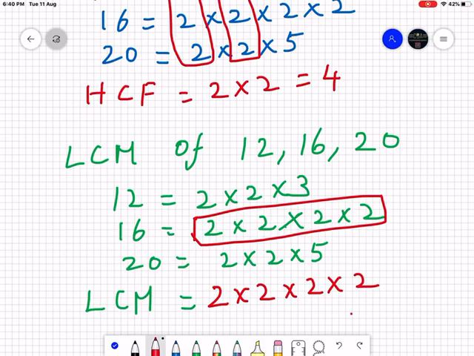And now the leftover factors also have to be considered when finding the LCM. So 3 is a leftover factor, so I am going to use 3. I am also going to use 5, because 3 and 5 are leftover. They don't have any common factor in the other numbers, but still we will consider them.